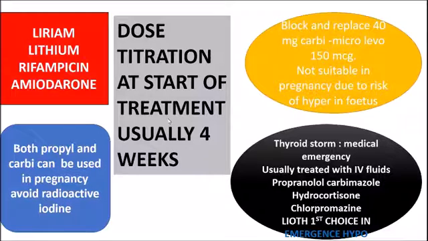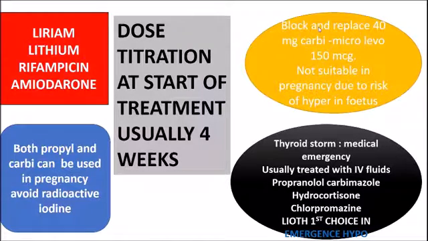The dose is titrated at the start of treatment, then every 4 or 6 weeks there's a checkup to see if the treatment is working. If you start with 25 microgram levothyroxine and it's still low, then you increase to 50 microgram and then to 100 microgram. Or if it's too high, then you reduce the dose. So there's frequent monitoring.